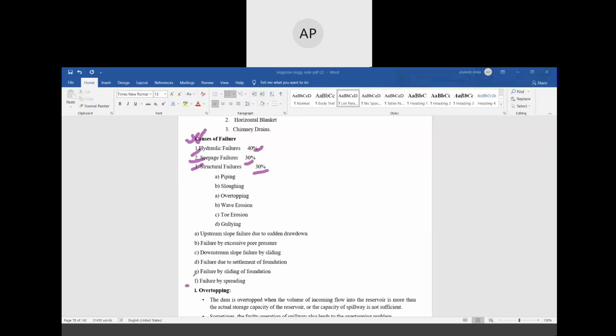Failure by spreading, failure by sliding of the foundation, failure due to settlement of foundation, downstream slope failure by sliding, upstream slope failure by sudden drawdown.